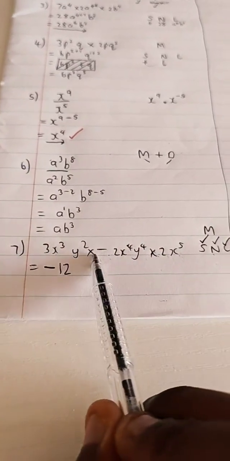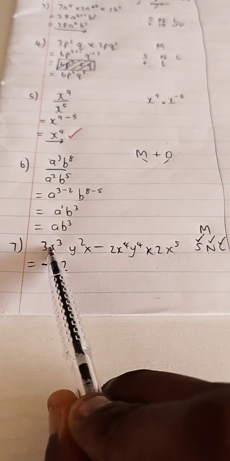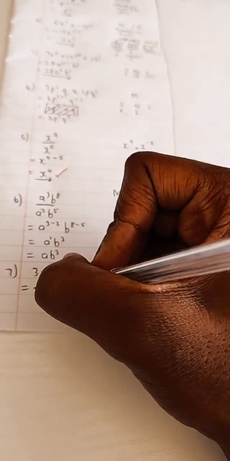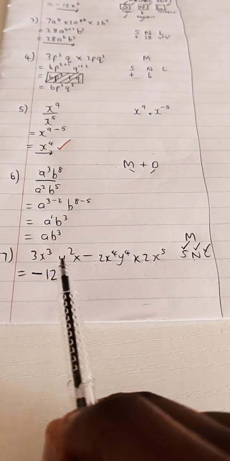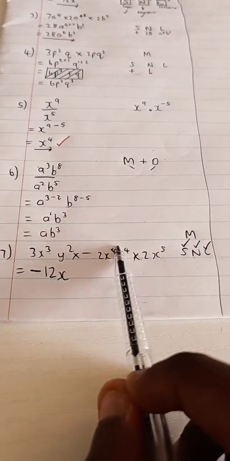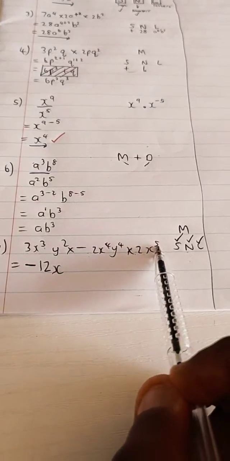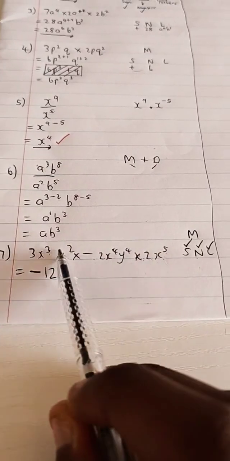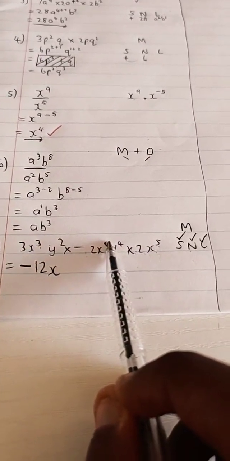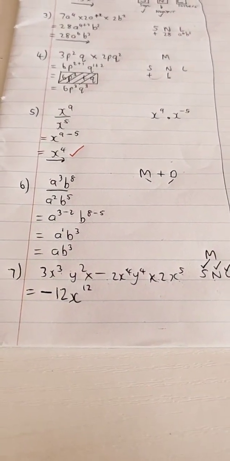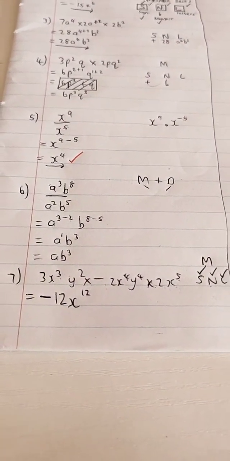We multiply these letters. We keep the base x. We add the exponents: 3 plus 4 plus 5. 3 plus 4 is 7. 7 plus 5 is 12. The exponent for x is 12.